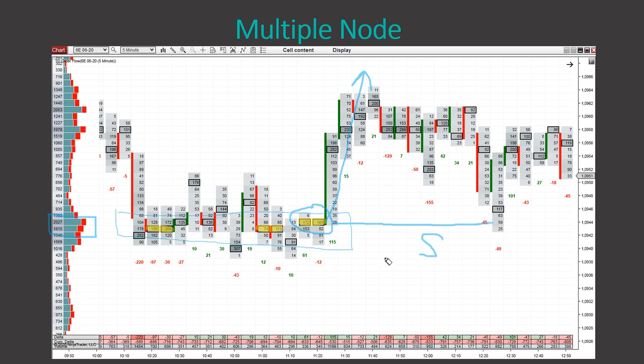This is the support. Now you are waiting for a pullback and you go long from there. All right, that's the support. There was also a triple node in here, which would mean, if you traded it blindly without any thinking where the trend is or what's happening, a short from there.